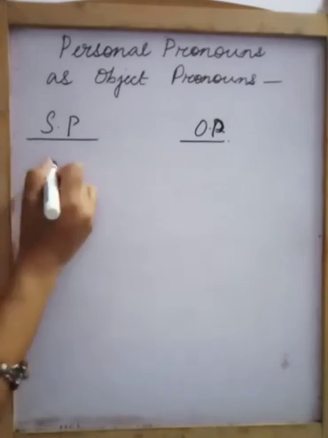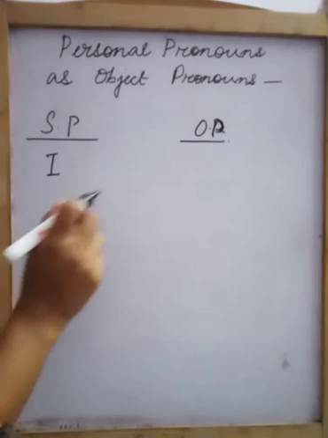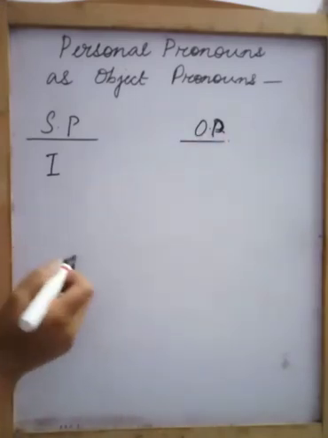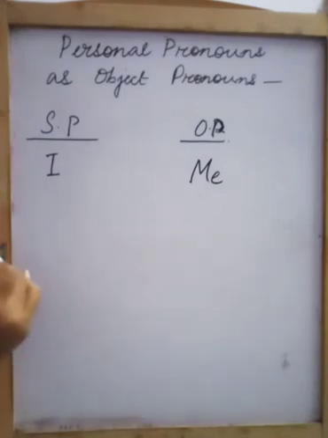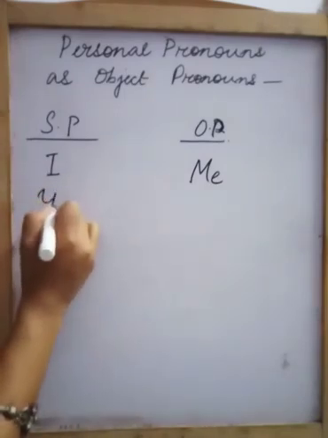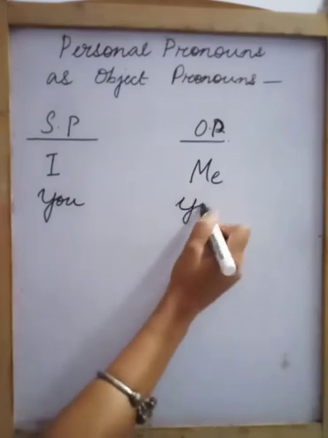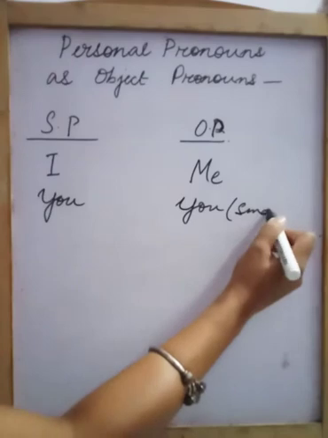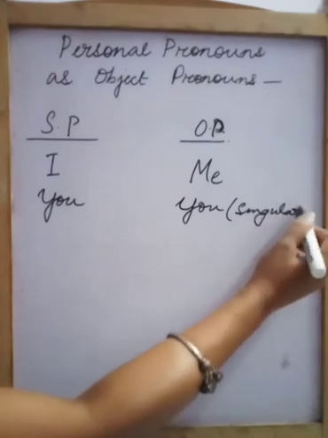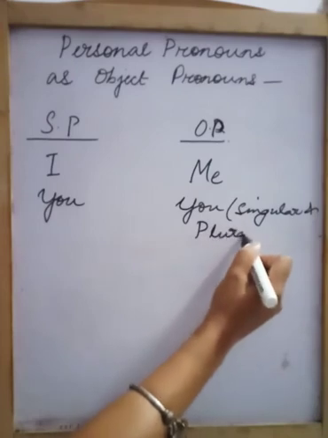See, in subject pronoun I, what will I become when it is an object pronoun? I will become me. Fine. You, the subject pronoun you, will remain as you, both singular and plural.